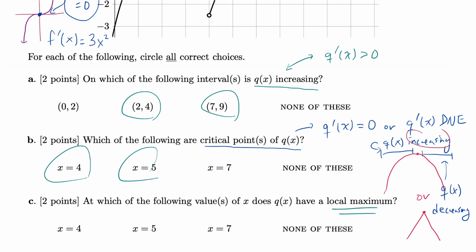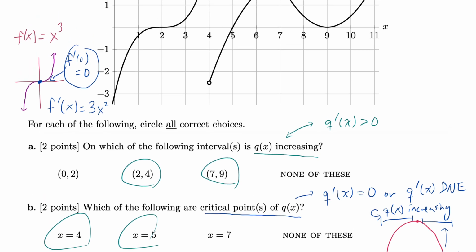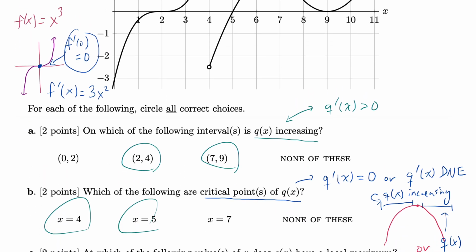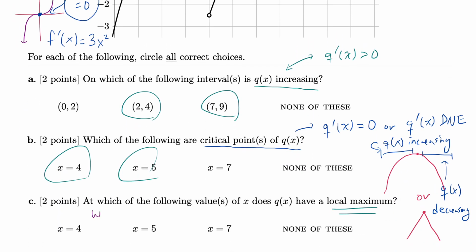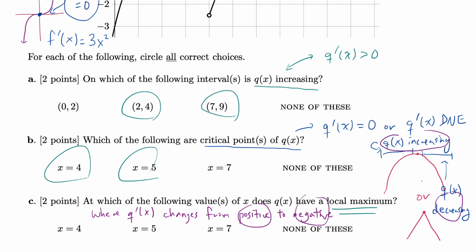That's the kind of x that we want to find. But here again, we're given a graph of q prime, not a graph of q. So what you want to find is where q prime of x changes from positive to negative, because q prime of x changing from positive to negative is exactly the same as q of x changing from increasing to decreasing. So this is what you are trying to find.